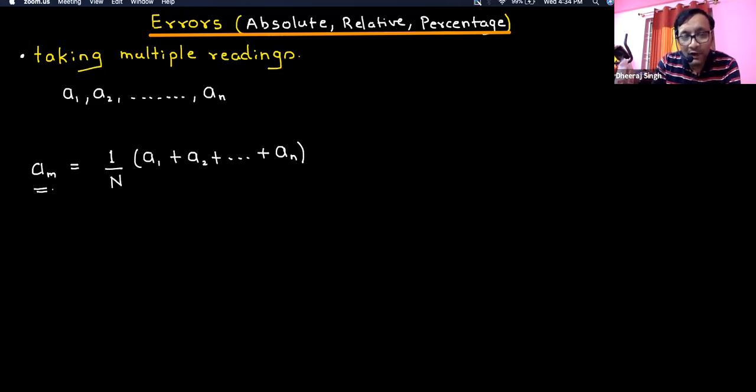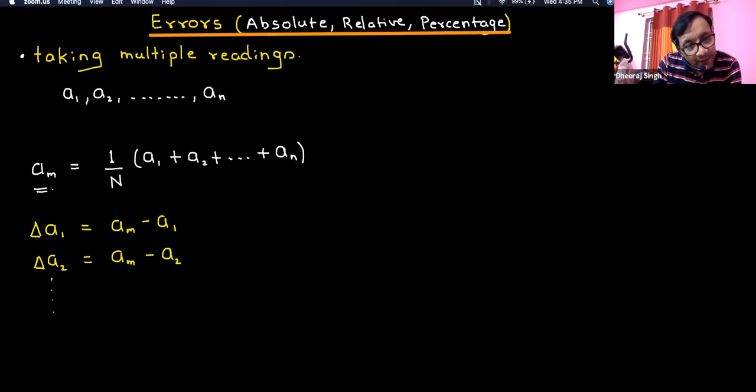First I find the true value, then I find the error in reading 1. Error in reading 1 is basically the mean value minus A1, the first reading. The error in reading 2 is the mean value minus A2. Like this, I will find all the errors. Error in reading n is Am minus An.